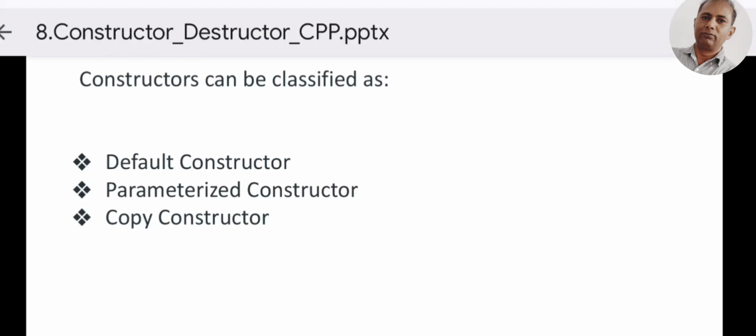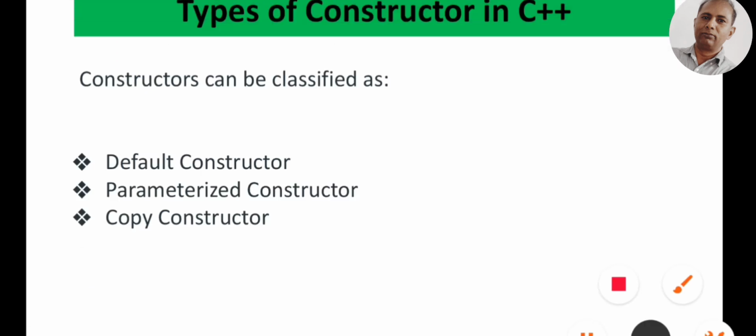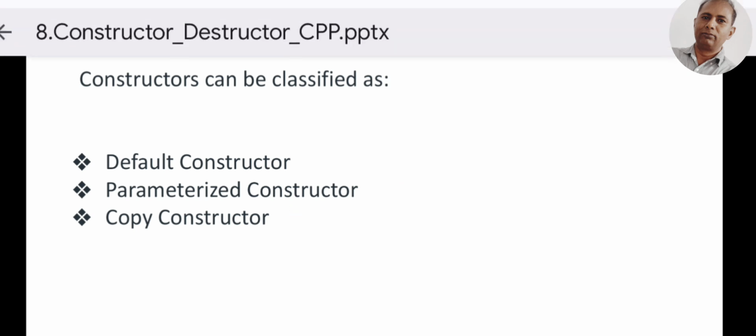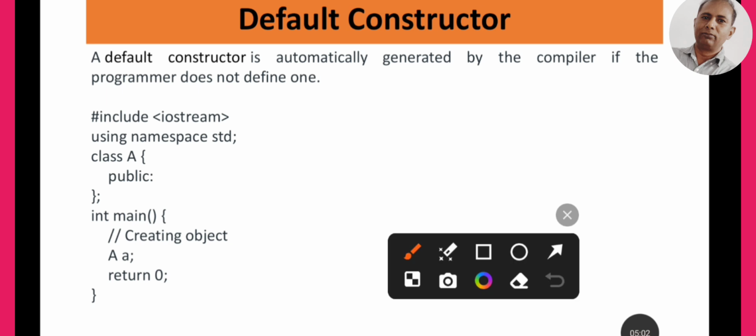Now if we talk about the types of constructors, here we are going to discuss three types: default constructor, parameterized constructor, and copy constructor. The default constructor is automatically generated by the compiler. If we are not defining any constructor, then the compiler is able to generate a constructor that is known as the default constructor.